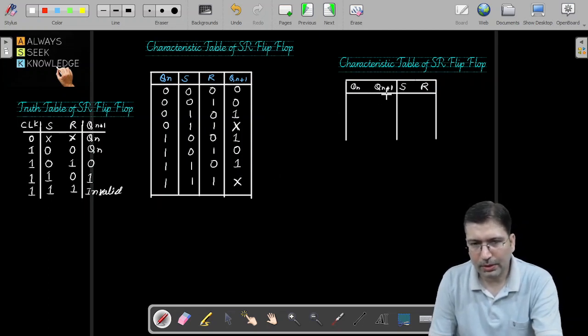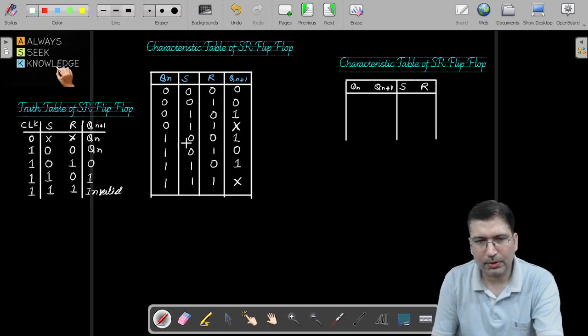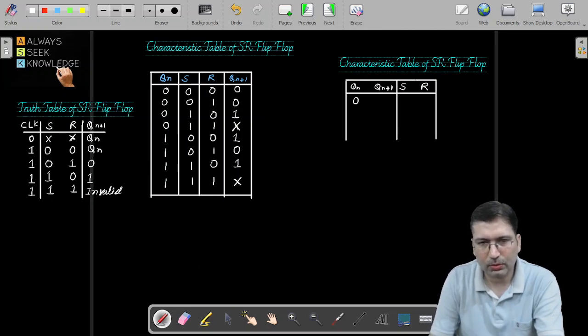So if there are two inputs we are considering, there will be 4 possible combinations: 0 0, 0 1, 1 0 and 1 1.